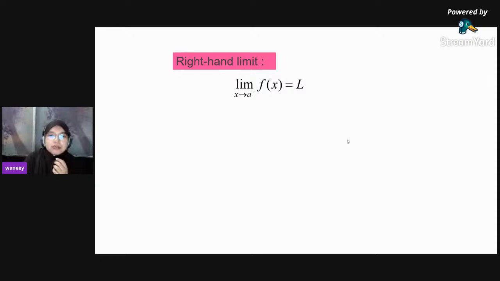For the right hand limit, this is the limit as x approaches a, so do make sure to write a plus for them.